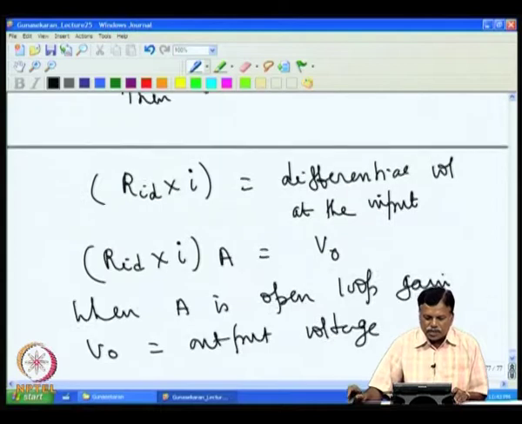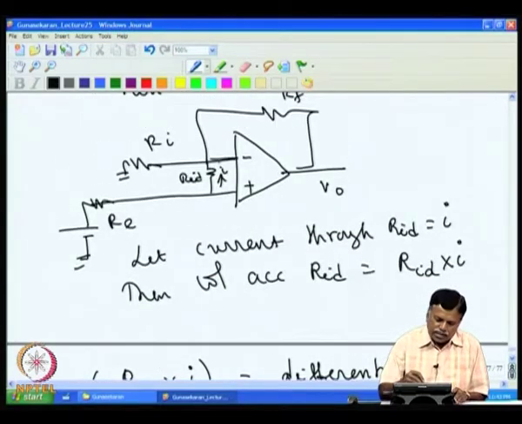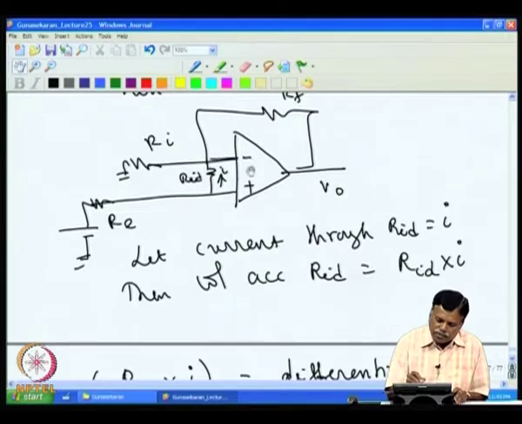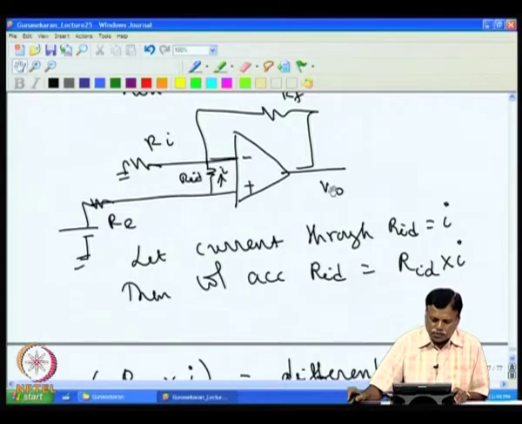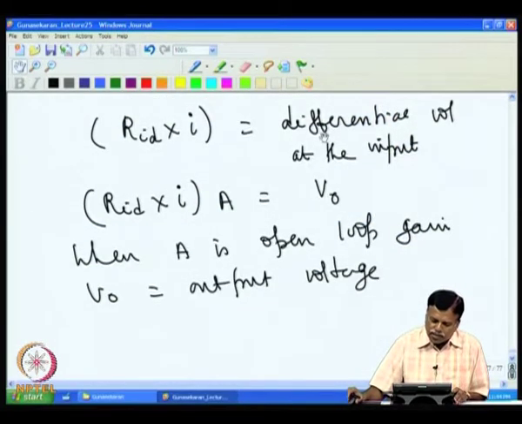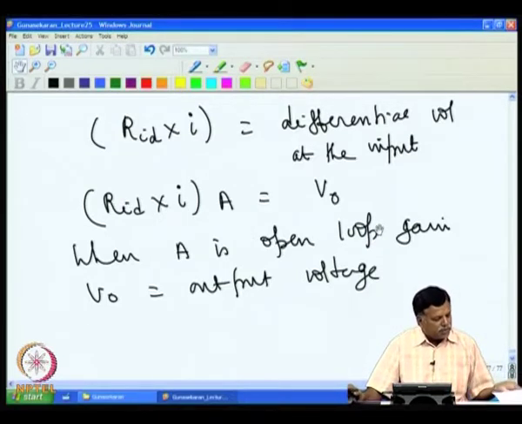Essentially, RID into I is the input voltage, multiplied by the open loop gain is the output voltage V0. So, we have now RID I into A equal to V0.